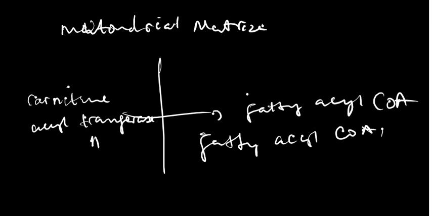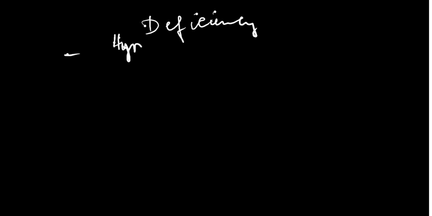So there are certain disorders that are related to the carnitine shuttle. Firstly, the first disorder is related to carnitine palmitoyl transferase deficiency. So let's just label it as deficiency 1. One is hypoketotic hypoglycemia.